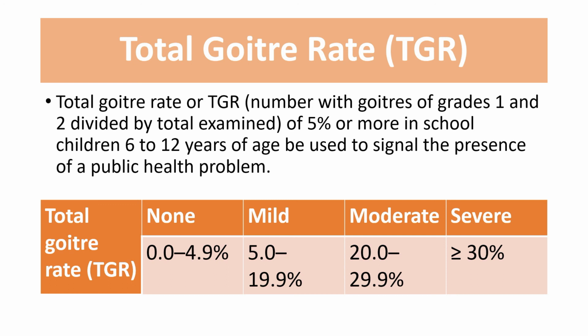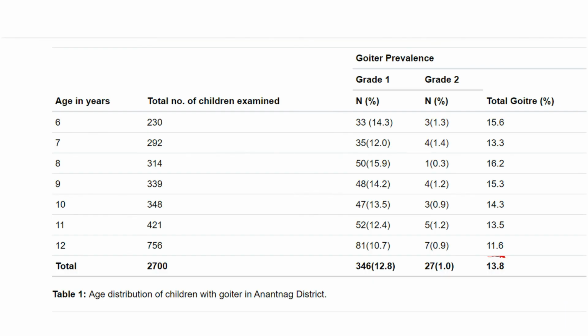But any observation of 5% or more in school children of 6 to 12 years of age shows that there is a public health problem because of iodine deficiency disorders. If the percentage is more than 20 and less than 30, we call it moderate, and more than 30 is taken as severe iodine deficiency disorder in the community.